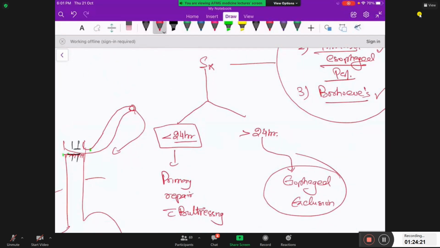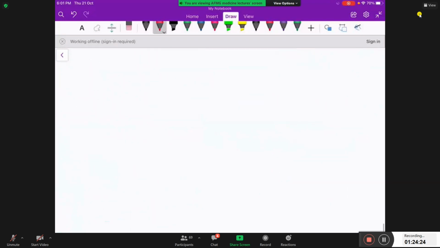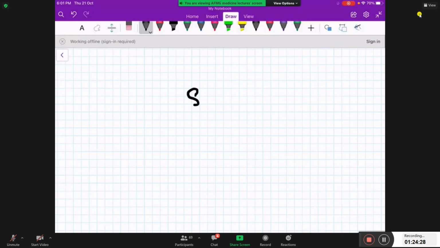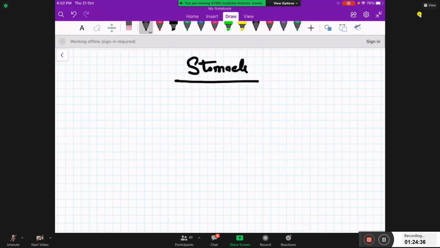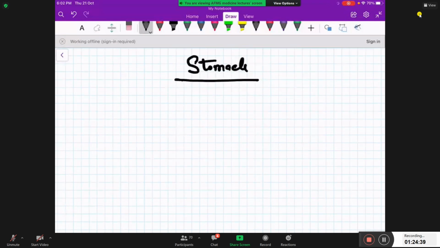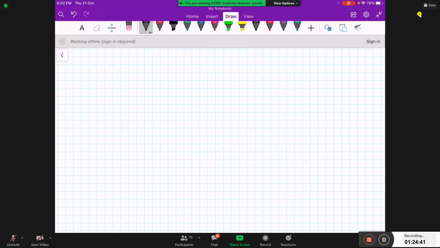चलें आगे. Now let us talk about stomach. Now in stomach, first of all, let us know the surgical anatomy.